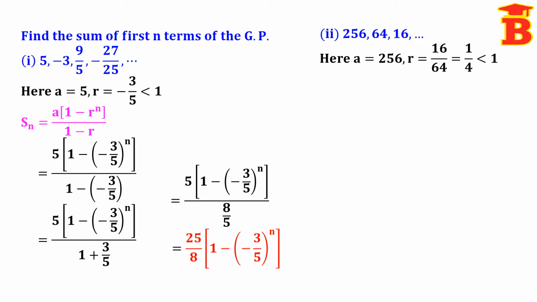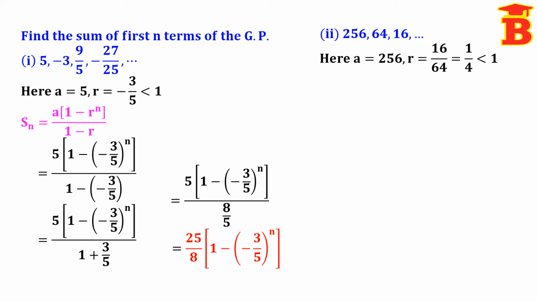The ratio is same only. So here I am taking third term divided by second term, that is 16 divided by 64. Cancel this, we get 1 by 4. This is less than 1. 1 by 4 is a fraction, that is 0.25, which is less than 1.